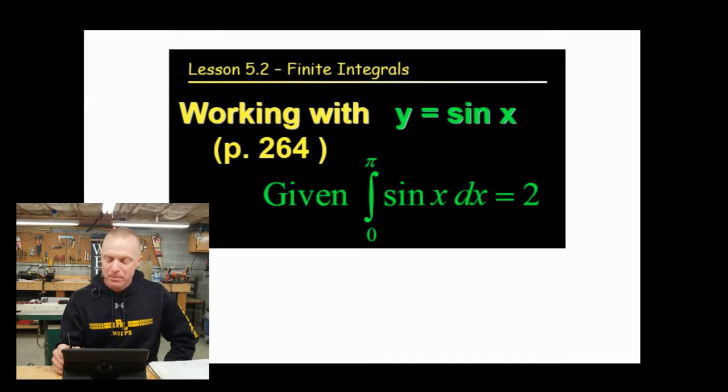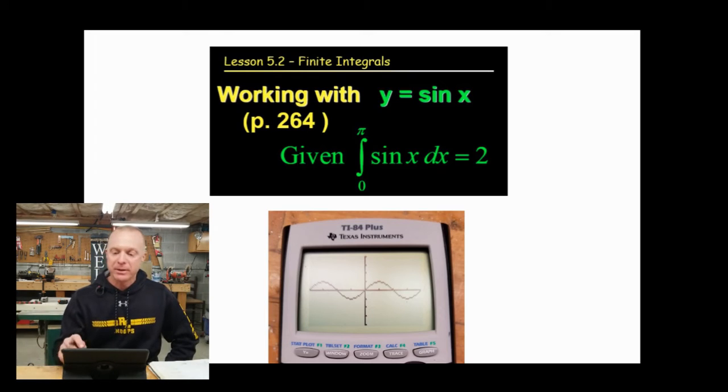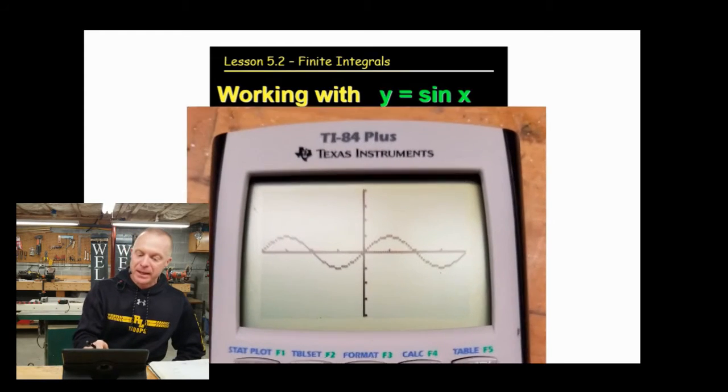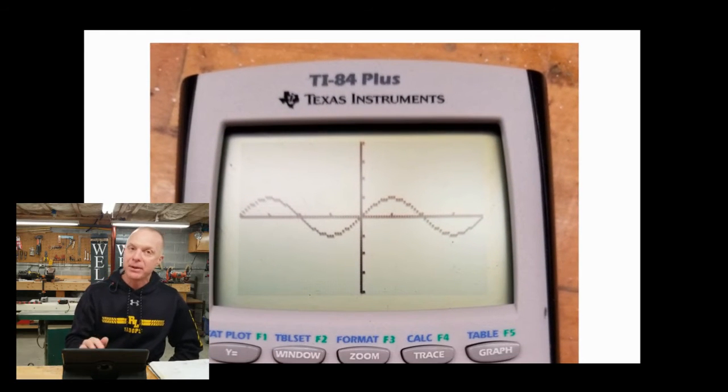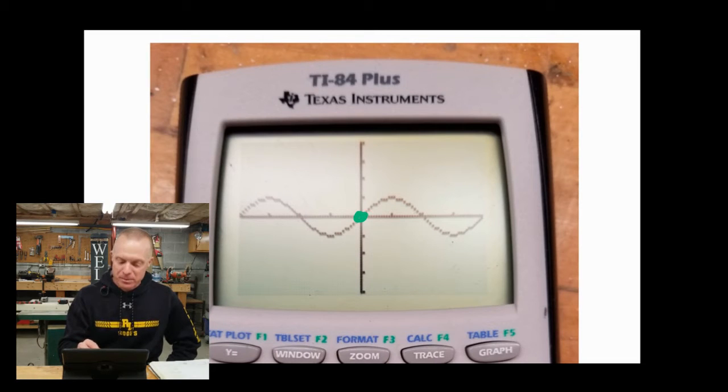It does show you in the book, but it can be helpful to see it on your own calculator or take a look at mine. I brought it along. Here's the sine of x. It is that common graph. But now that we're in calculus, we're going to be noticing some new things about this graph, specifically from 0 to pi.